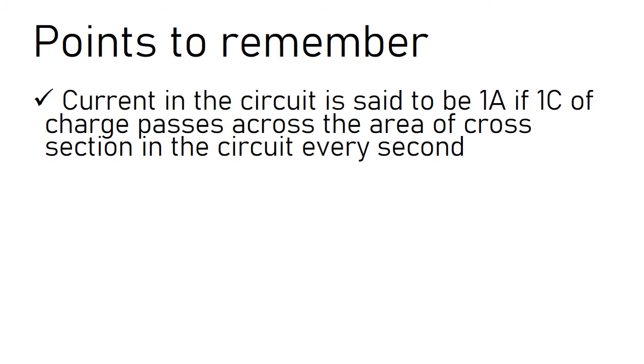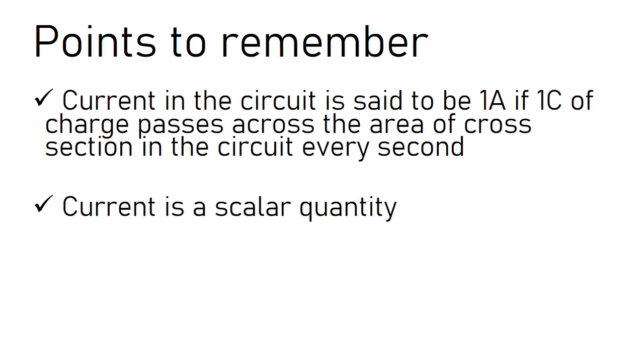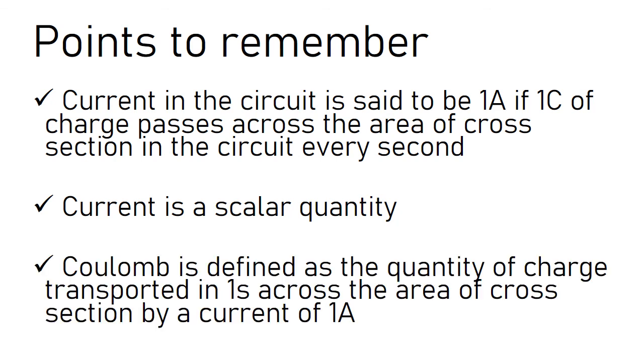The next point, current is a scalar quantity. And the last one, coulomb is defined as the quantity of charge transported in 1 second across that area of cross section by a current of 1 ampere.